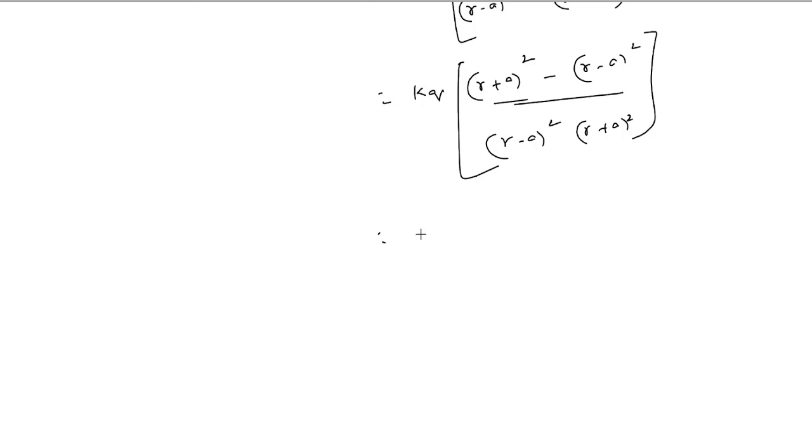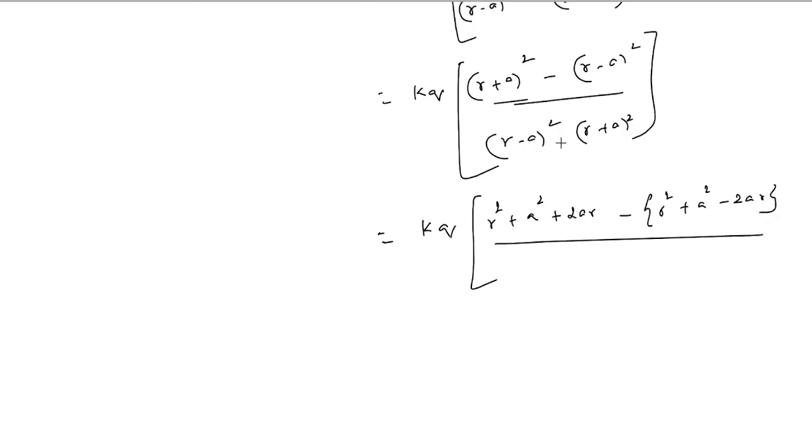If you expand this, it is equal to kQ, expand the terms: the first term would be R square plus a square plus 2 into a into R, minus, you open a small bracket here, R square plus a square minus 2 into a into R, by, we can write this term as (R minus a) into (R plus a) the whole square.